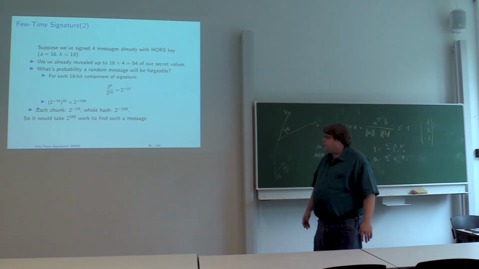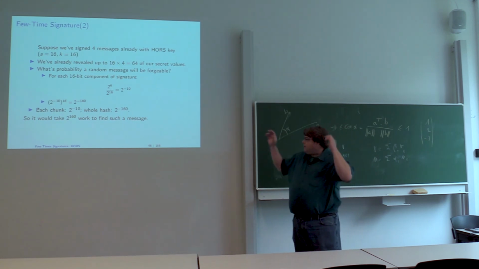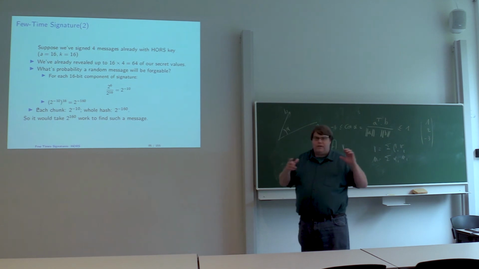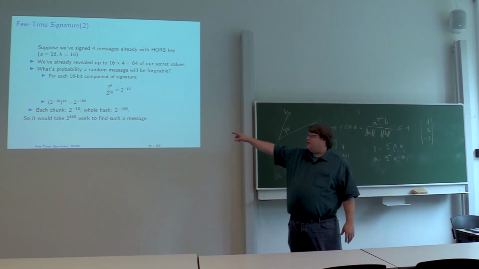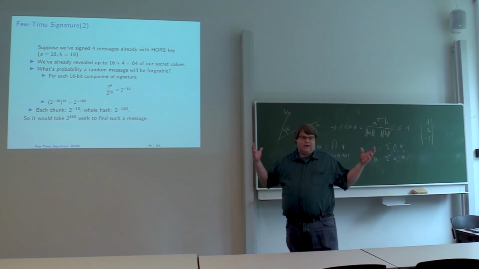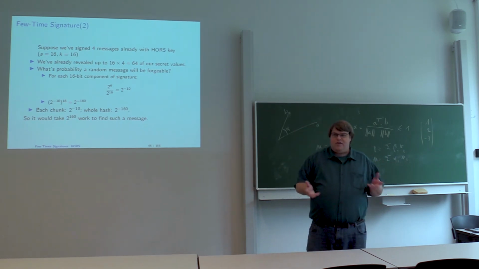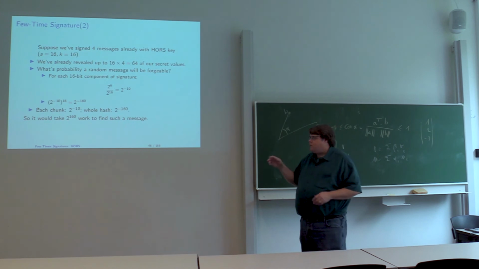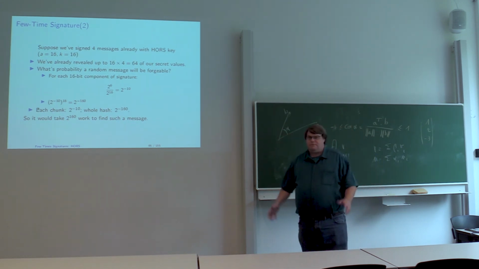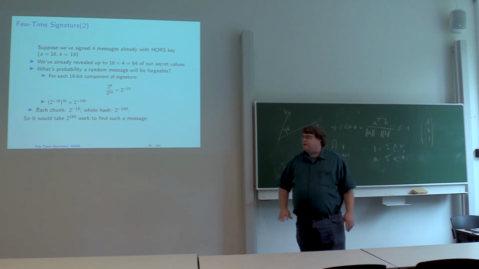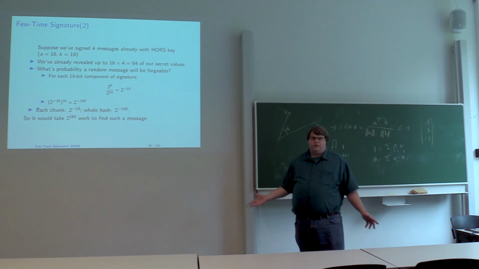That's the whole point of the forgery. So given what the attacker knows, he has to try something like 2 to the 160 messages before he expects to get one for which he can do a forgery. That's good. Assuming that we're at a 128-bit security level, that means that we're still secure.